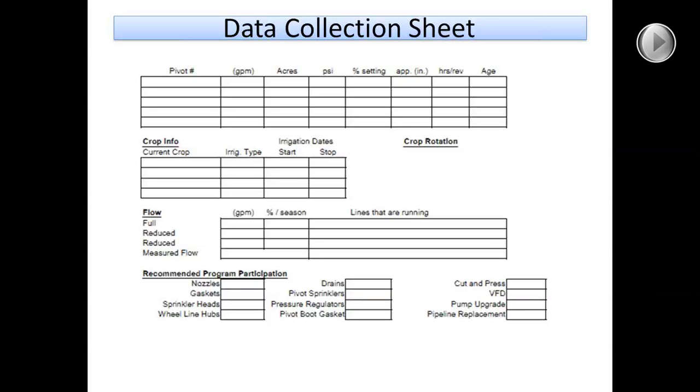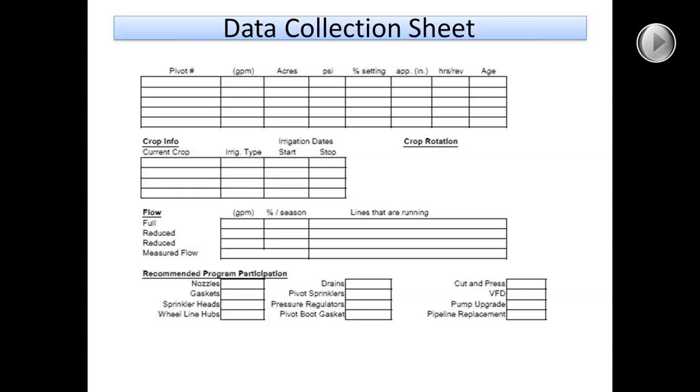The next section on flow, this could be average operating conditions, or this may be the operating conditions the day that we're out there. We'll talk about variable frequency drives and variable speed drives a little bit later. But this information really helps us out with those if we're going to evaluate a VFD.